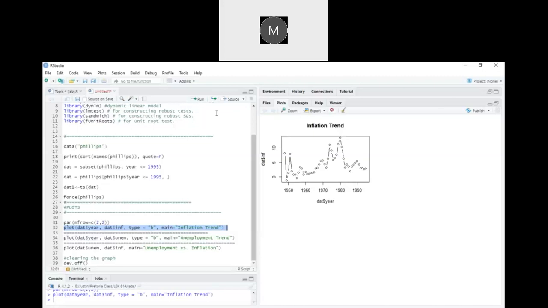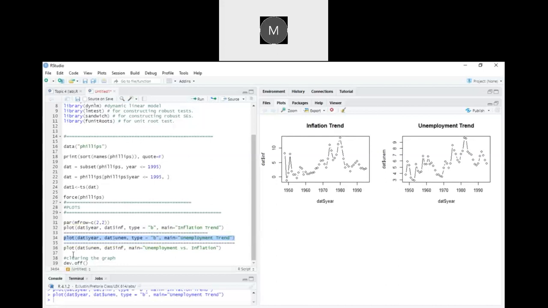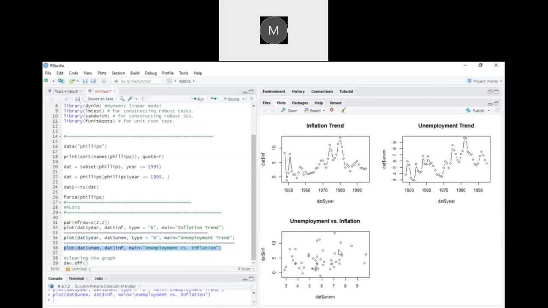Just put the code as it is, and this is what you get. Then you can also look at the unemployment trend, run it, and that's what you get. And so you can also look at the unemployment versus inflation, the Phillips curve. This is how it's scattered. So we've seen the first one.